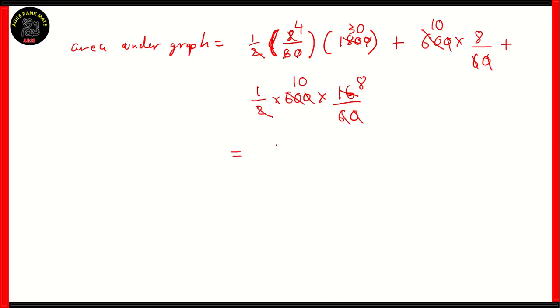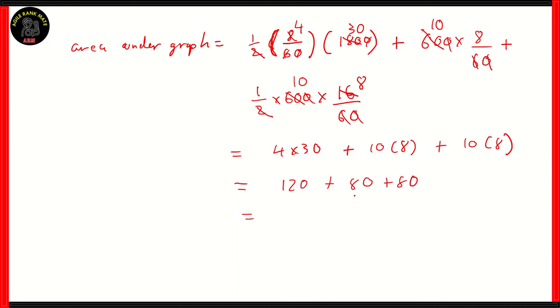So basically what we get is 4 times 30 plus 10 times 8 plus 10 times 8. Now 30 times 4 gives you 120, and 10 times 8 gives you 80. So it's basically simple arithmetic, 120 plus 80, which again at the end gives you 280 as the solution.